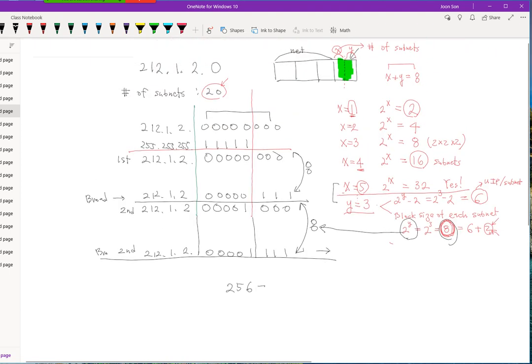And for this, when x is 5, the subnet mask is what? 248.